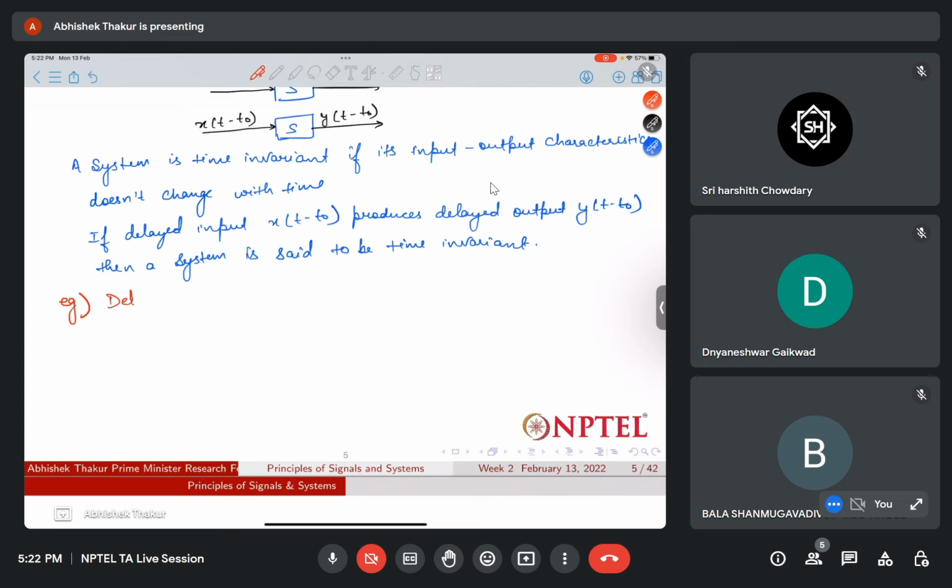Determine whether the following systems are time variant or time invariant. Okay, so we'll take some examples. Till now, if you have any doubt, then you can ask. Any doubt till now here?